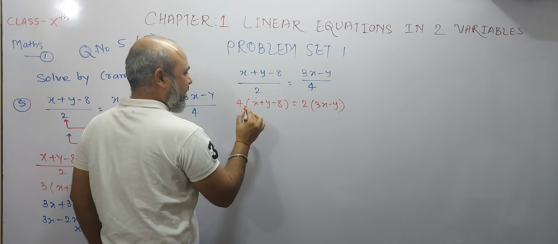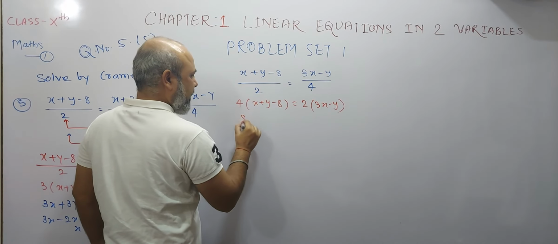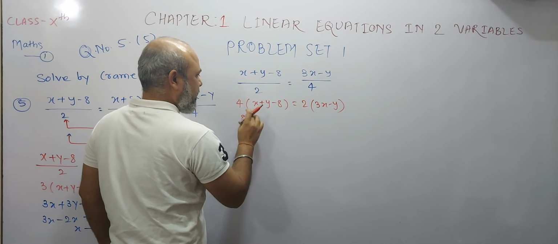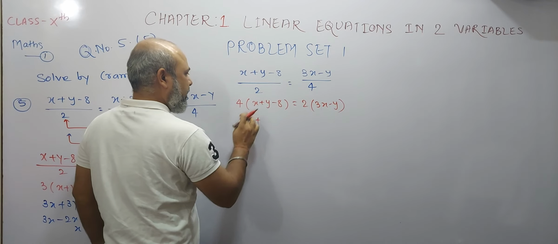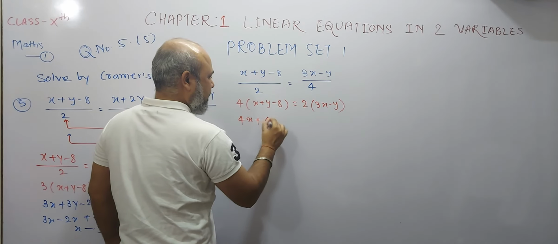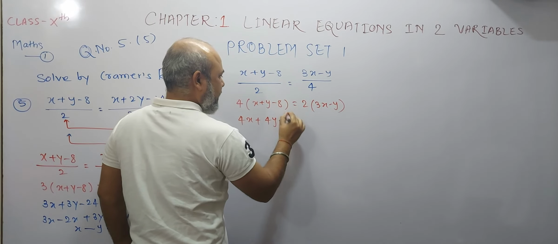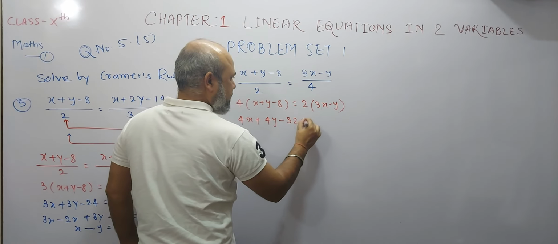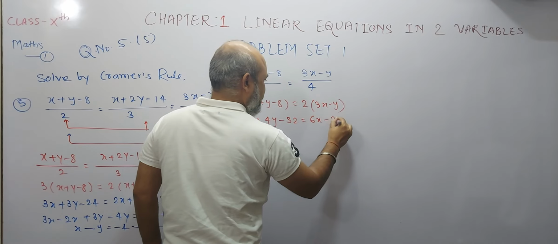Now just simplify, so you will get 4x + 4y - 32, since 4 eights are 32, and this is equal to 6x - 2y.